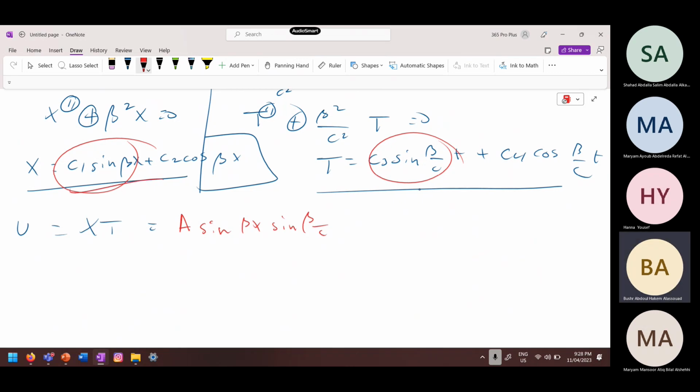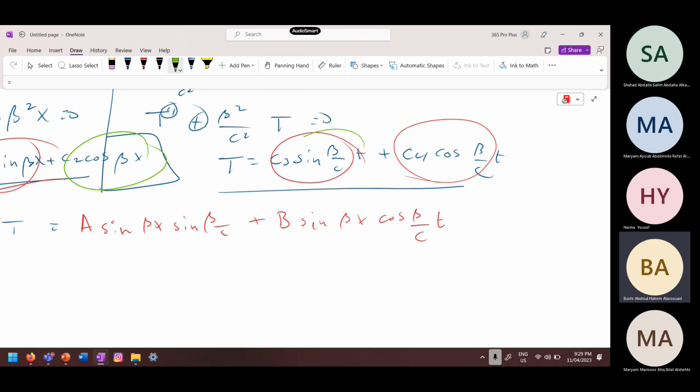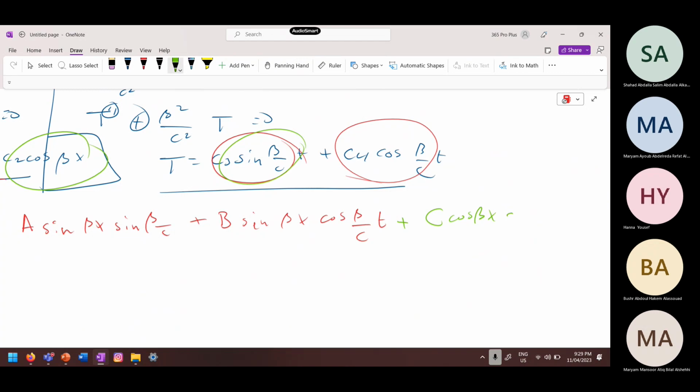Now this again multiplied with this will give you b, not beta, b sine beta x cosine beta over c t. Now for this and this, plus c cosine beta x sine beta over c t.